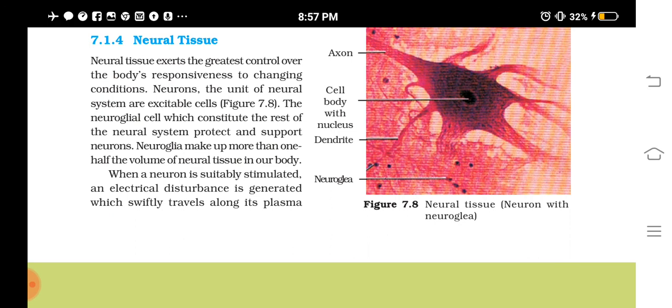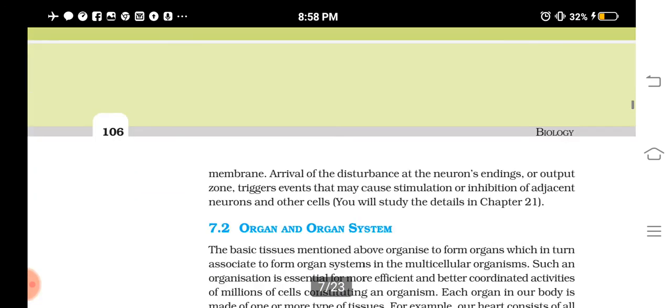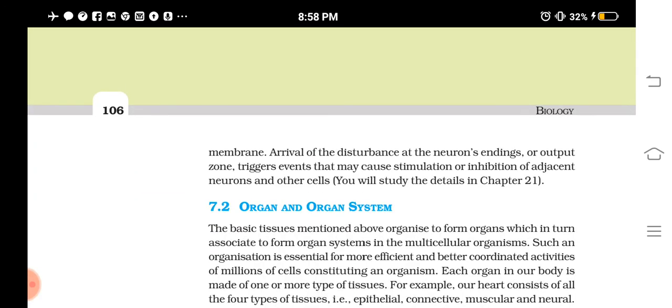They can get stimulated, and any stimulus can cause what? An electrical disturbance, which will generate a nerve impulse, and this nerve impulse can pass along its plasma membrane, and it can pass this disturbance to the next neuron through the synapse. Understood?